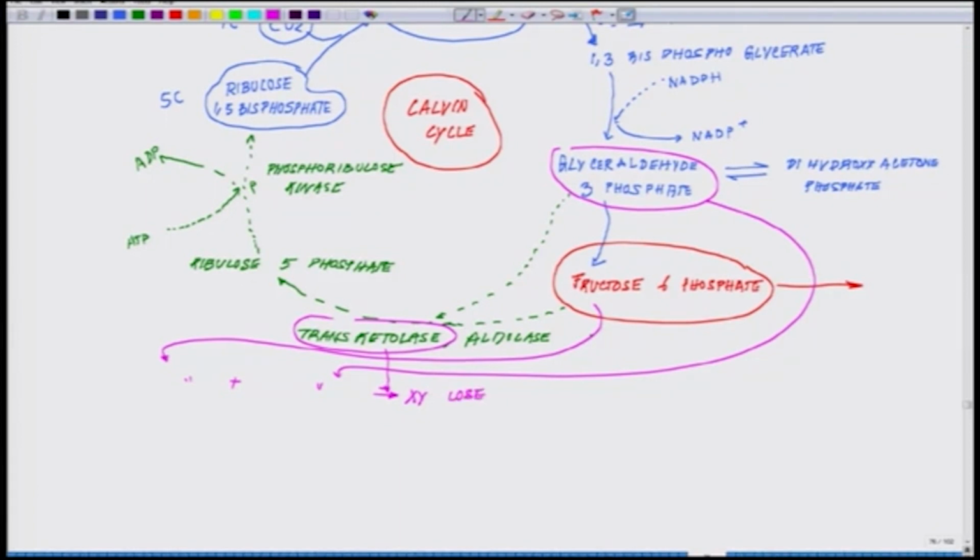xylulose 5-phosphate plus erythrose 4-phosphate.